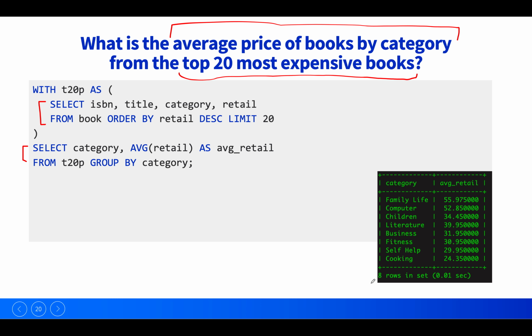The average price for the top 20 books in this particular database by category is as follows. The family life books, by average, are the most expensive when you consider the top 20 most expensive books, and so on.